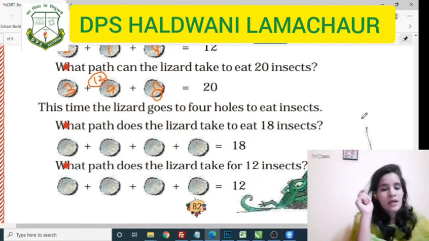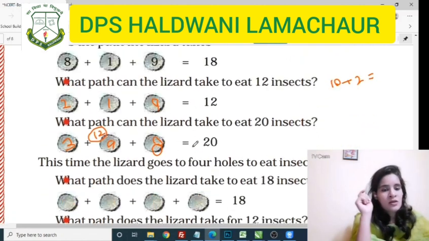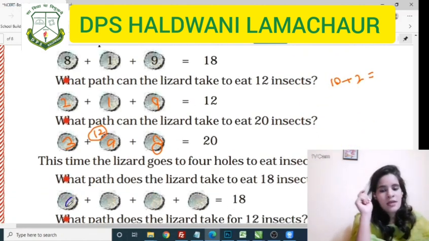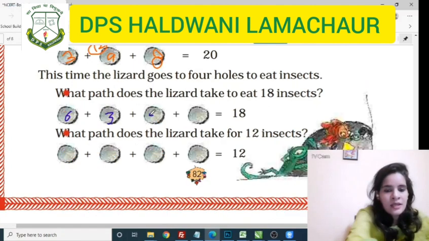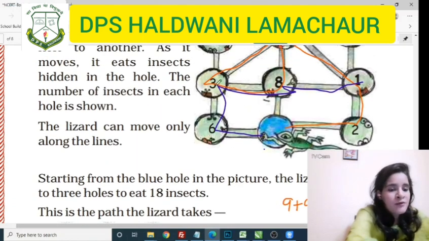So this is the correct path. So here we will write 6, 3, 8, and 1. Okay, so if it goes on this path, it can eat 18 insects.